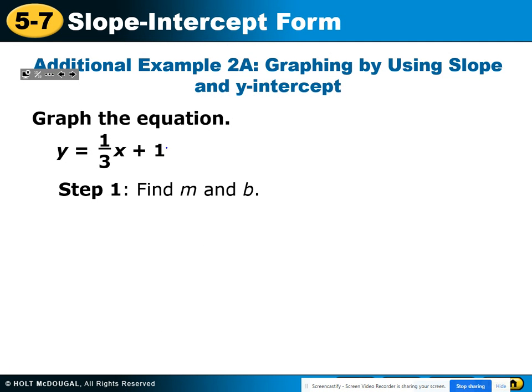Okay? Find the m and the b. In this equation up here, y equals 1/3 x plus 1. Which number represents the b? Grayson, do you know which number represents the b?